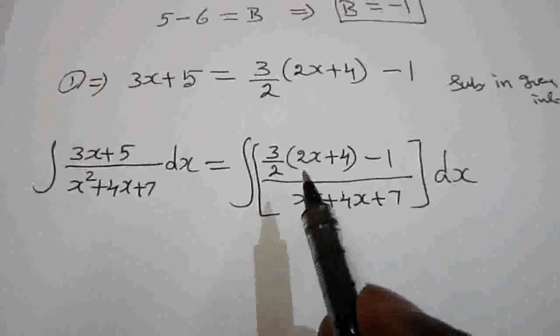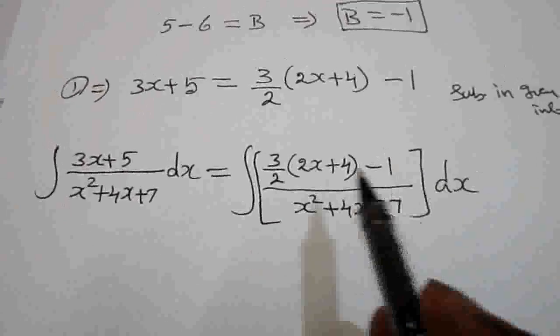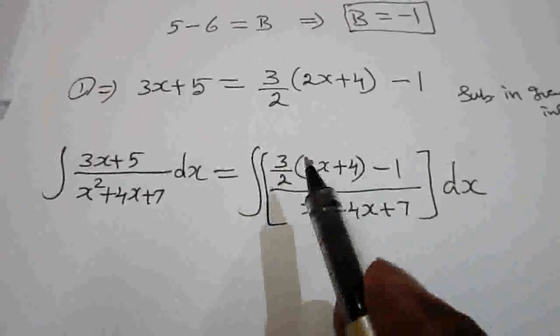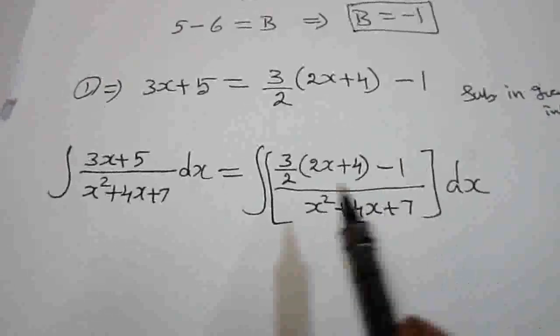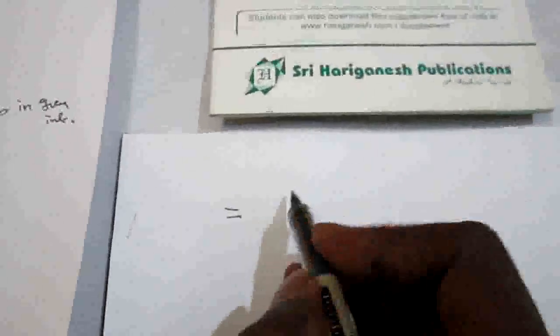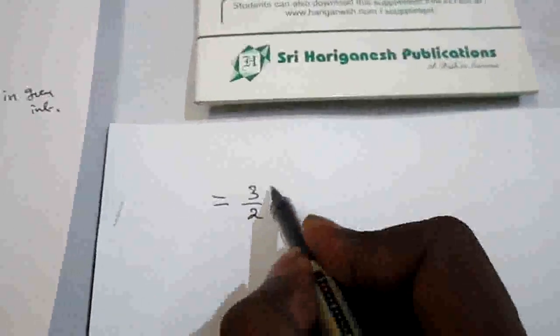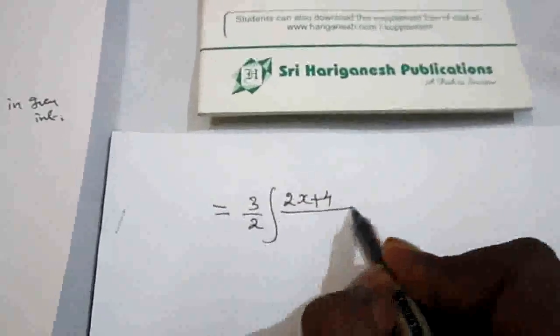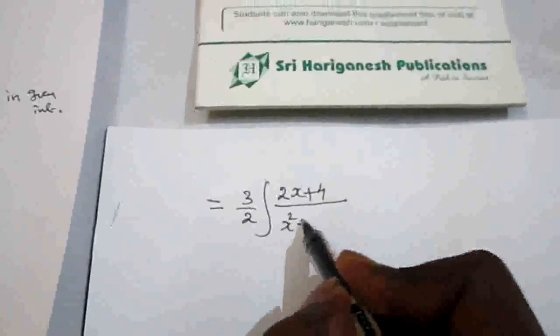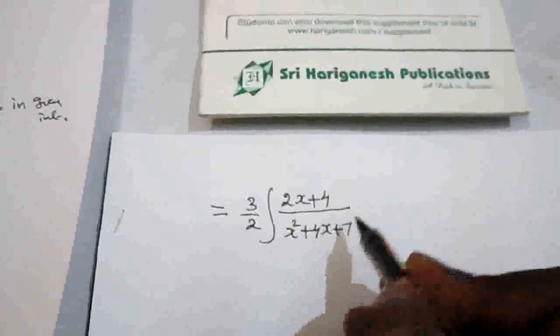Now this integral I am going to separate into two parts: the first term divided by this, minus the second term divided by this. I am going to split into two integrals. Take 3/2 outside, the integral of (2x + 4) divided by (x² + 4x + 7) dx.